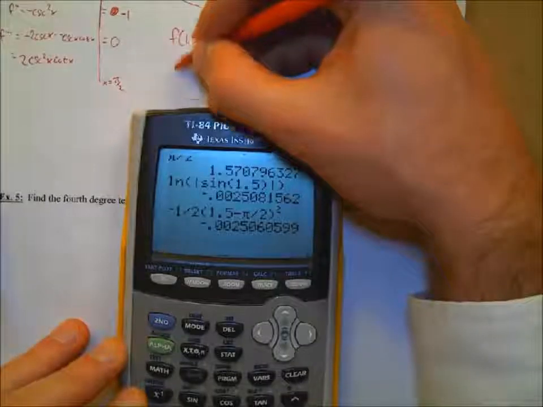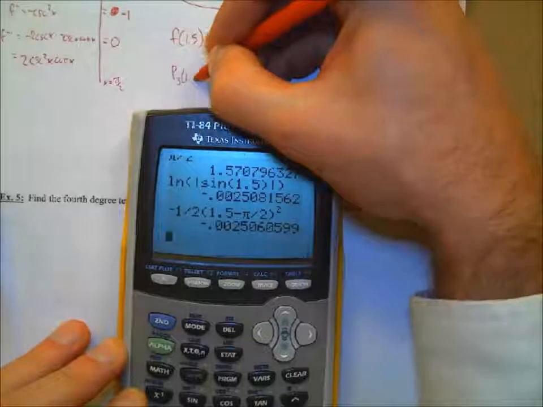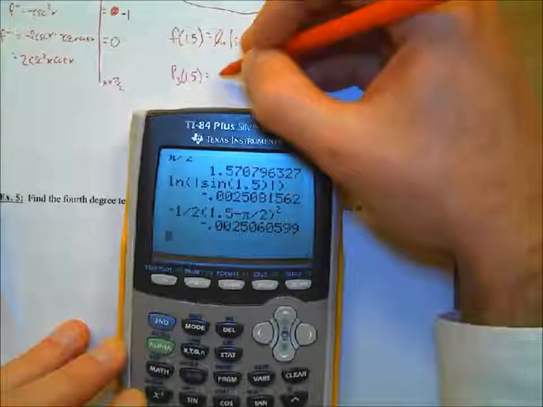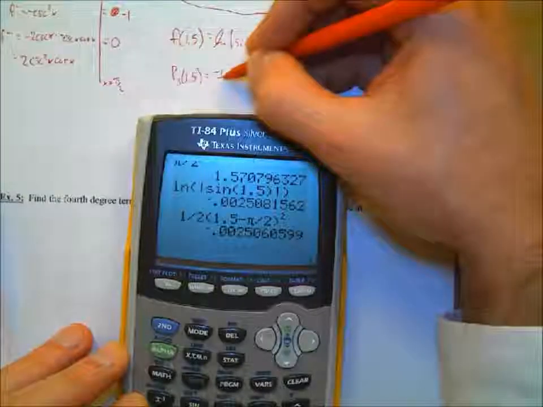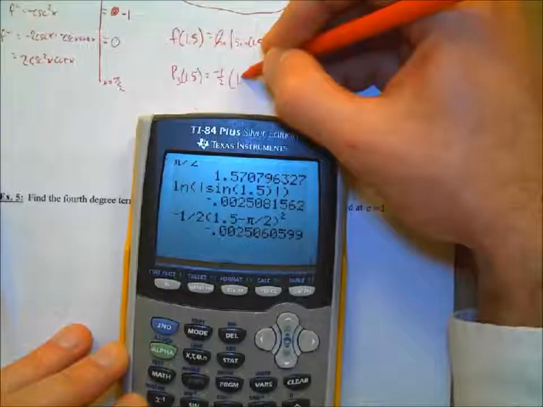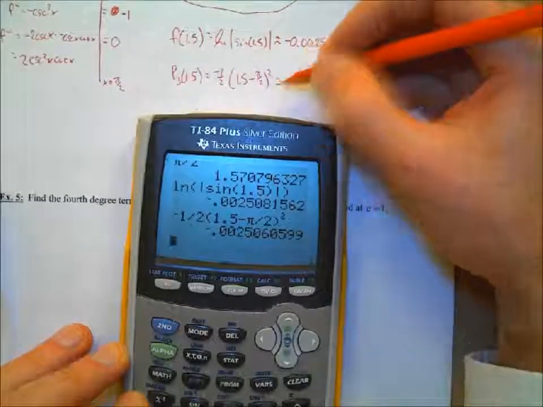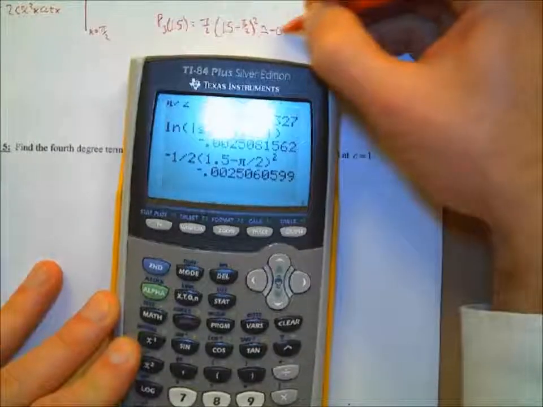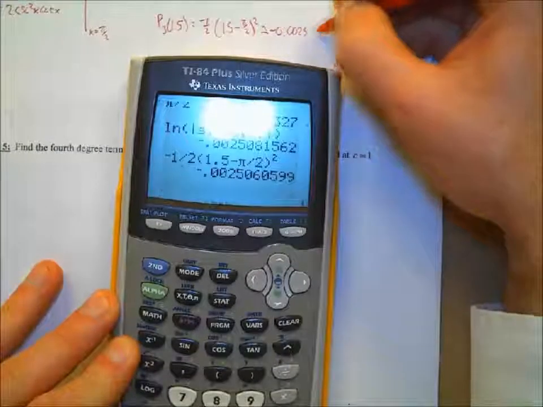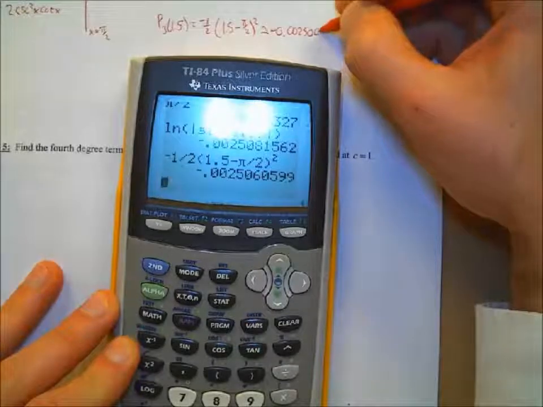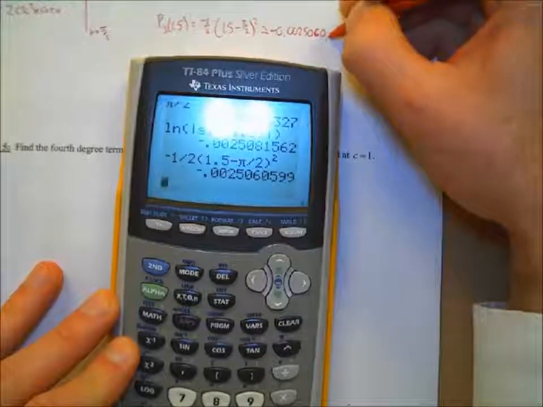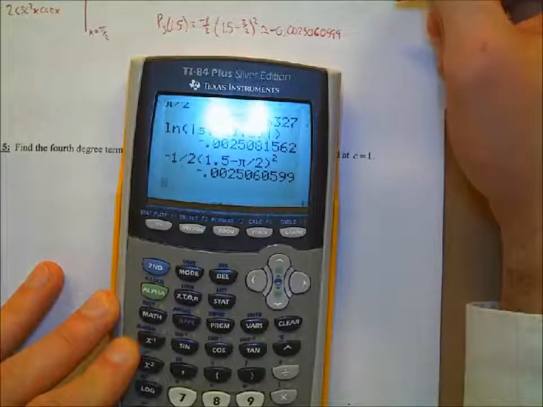So p sub 3 of 1.5 equals negative 1/2, 1.5 minus pi over 2 squared, and that's approximately negative 0.0025060599.